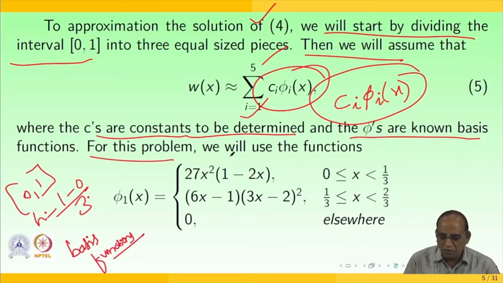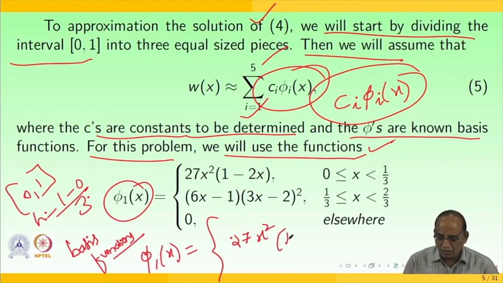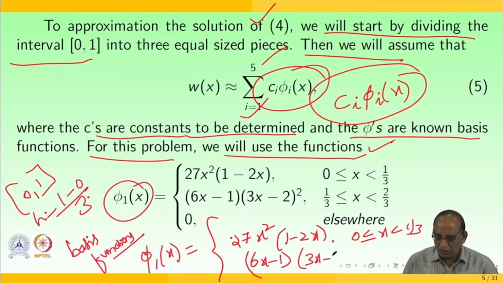For this problem, we will use the following functions. That is, phi 1 of x will be equivalent to 27 times x square times (1 minus 2x) for 0 less than or equal to x less than 1 over 3, and (6x minus 1) times (3x minus 2) whole square for 1 over 3 less than or equal to x less than 2 over 3, and 0 elsewhere.